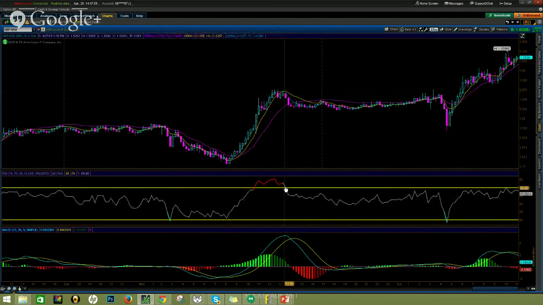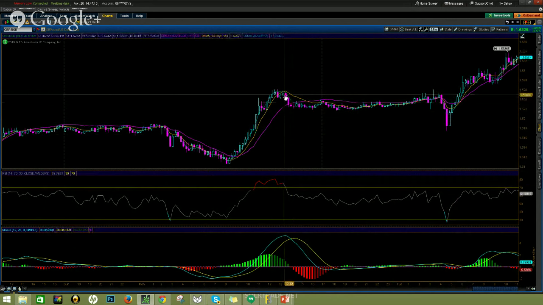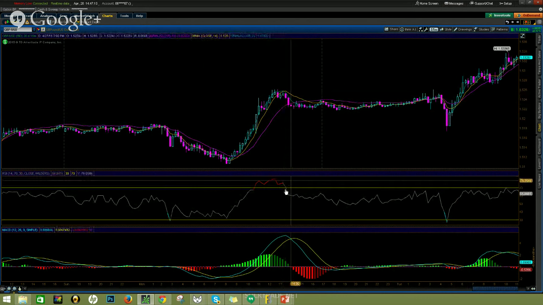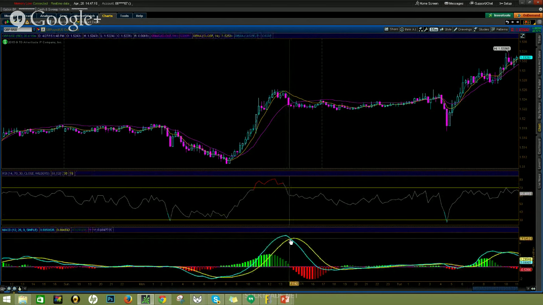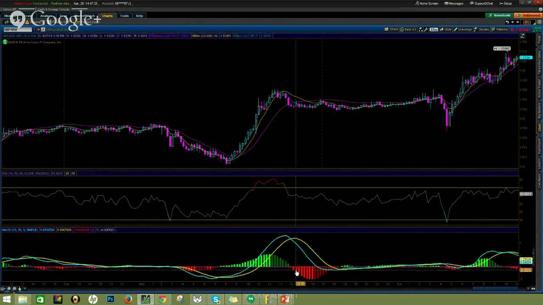But on this trade, as far as Nadex goes, price re-entered on this candle. As far as the RSI, we almost were to a cross on the MACD. And here we saw major exhaustion and headed to the downside on the MACD.